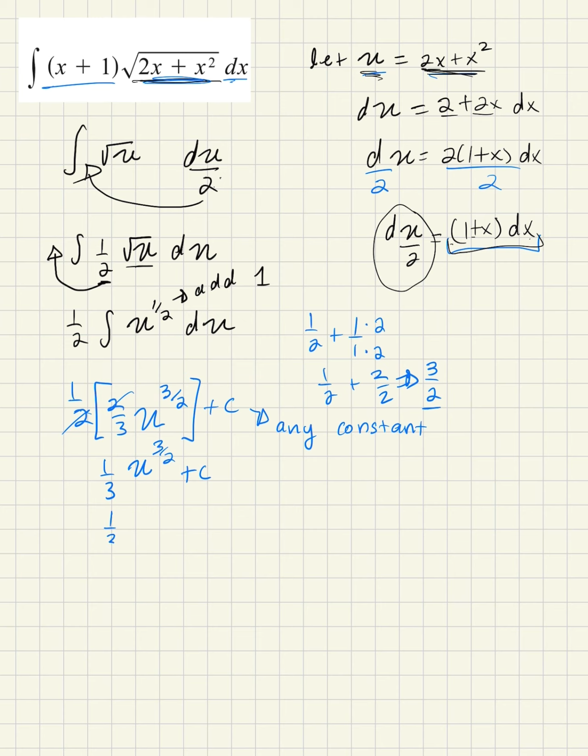So that's going to be 1 over 3 times (2x plus x squared) plus c. And if I was grading, you could just leave it as that. Or you can distribute the 1/3 into the entire thing. Now, this, yeah, that should be fine.